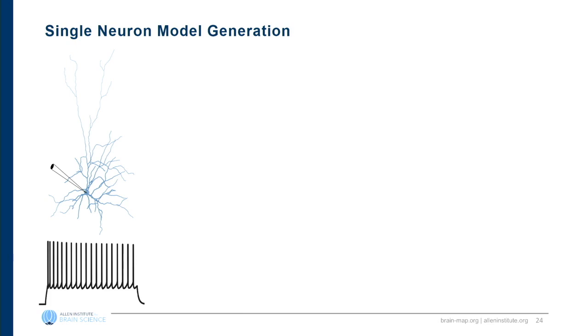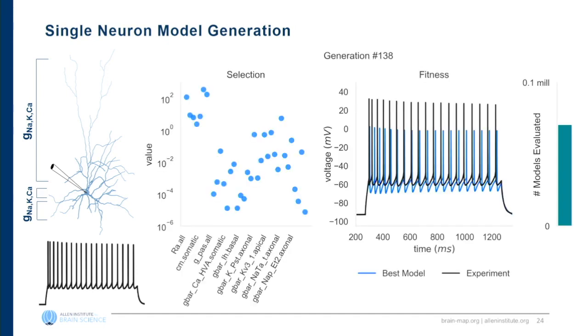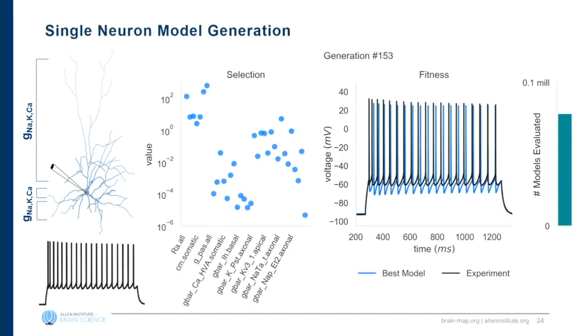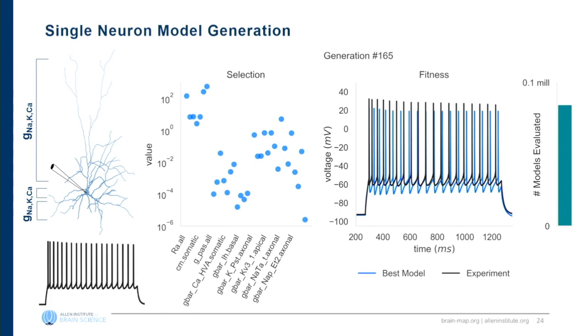what I mean by single neuron modeling is distributing synapses, distributing conductances along the morphology of this neuron such that the model defined by these conductances and the morphology replicates the experimental recordings shown here. And we adopt an evolutionary algorithm to fit these conductances.